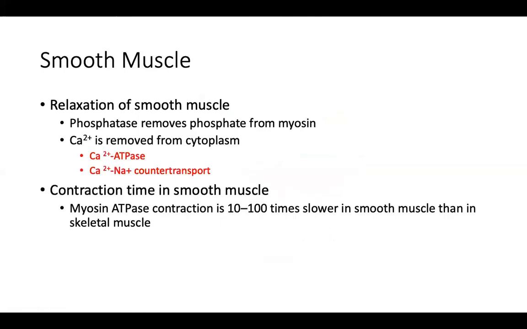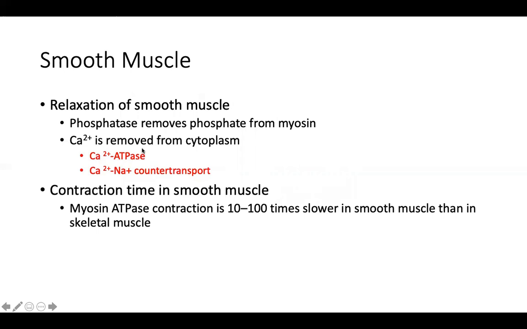Okay. Let's talk about the relaxation of smooth muscle. Smooth muscle relaxes in a similar way that skeletal muscle does. We've got to remove the phosphate from the myosin head, and we've got to clear the calcium from the sarcoplasm in order to do that. So there are active pumps pumping calcium back into the SR. That's going to be the calcium ATPase pump.